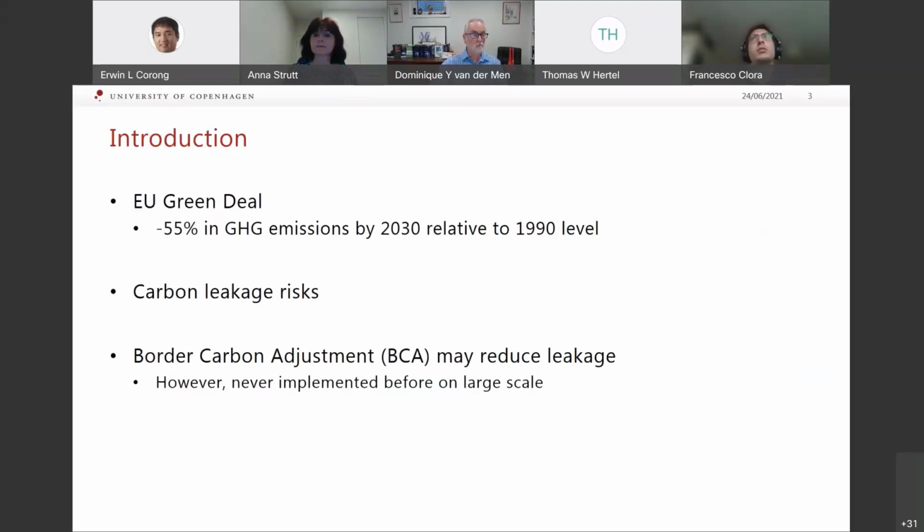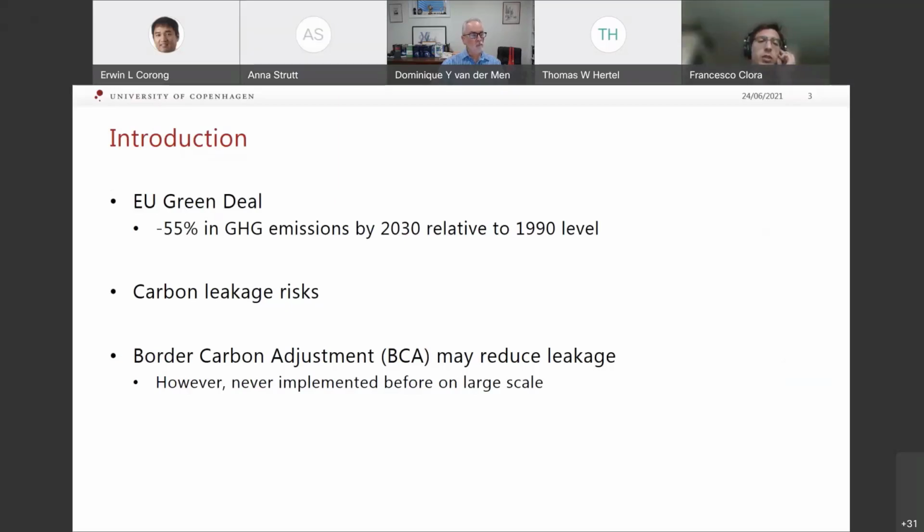border carbon adjustment, and we should be knowing a bit more at the beginning of July. Many studies based on CGE models have shown the potential for border carbon adjustment in reducing carbon leakages. Two of the studies were presented once again just before. But as of today, no border carbon adjustment is implemented on a very large scale.